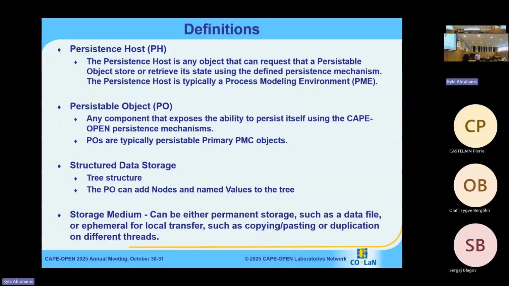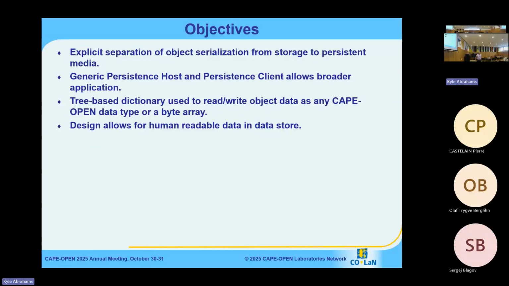And the idea here was if you wanted to create a copy of an object to move it from one thread to another, you could use this persistence mechanism to do that. Okay, to help facilitate multiple thread operation.